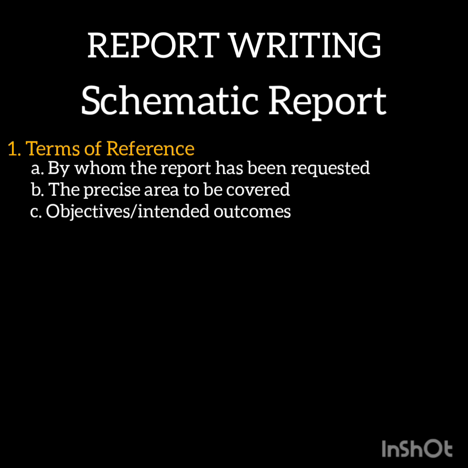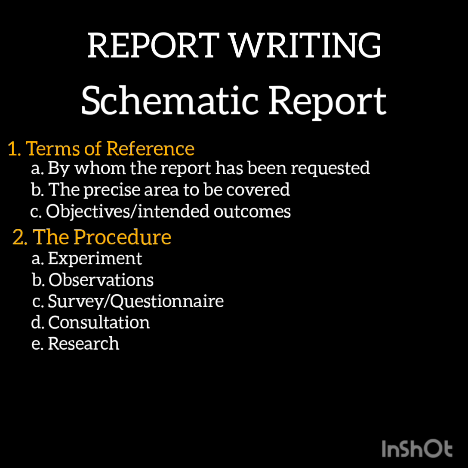The second part of the schematic report is the procedure, which includes the methods of investigation such as an experiment, observations, the survey or questionnaire, consultation, research, and so on. So an example here would be head teachers and members of staff were interviewed using focus group discussions, observations of behavior was carried out, and a general survey was sent to all the schools.